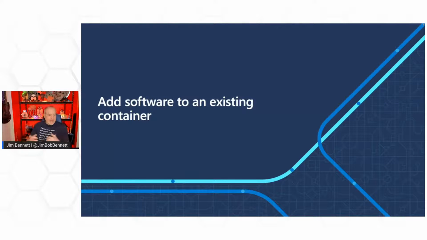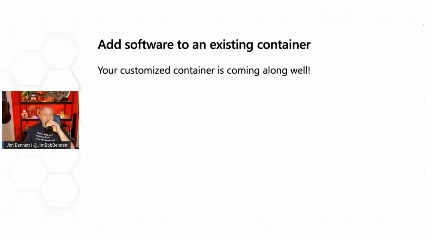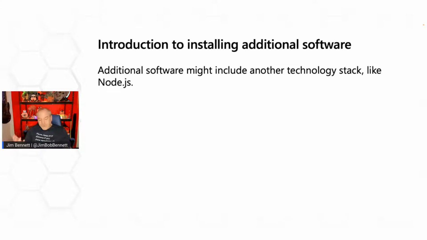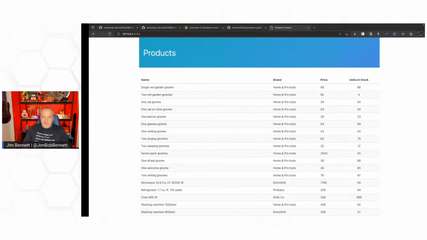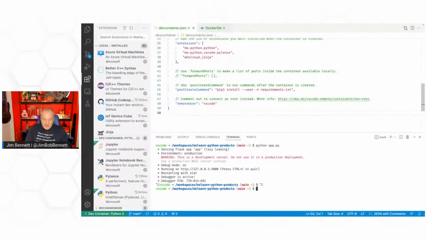What if you want to add more software? What if you want to add another tool to the tool chain? Again, we can do that. We can just put it in our Dockerfile, and it will be applied to everybody who uses this container. So say, for example, you want to install Node.js inside this container. I can just install it using the terminal. I could go into my terminal here and run apt-get install nodejs, whatever.